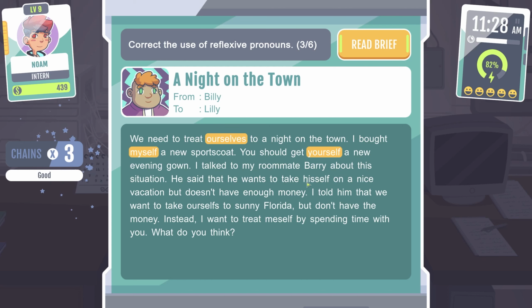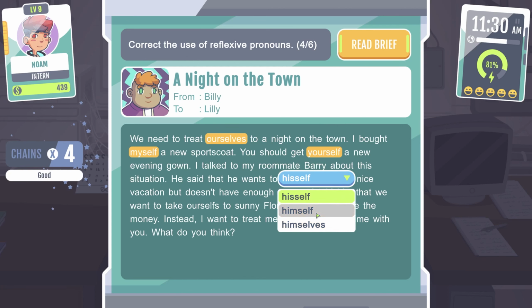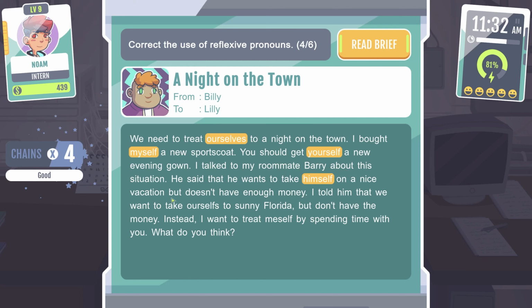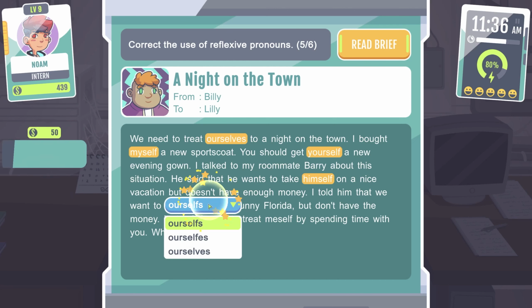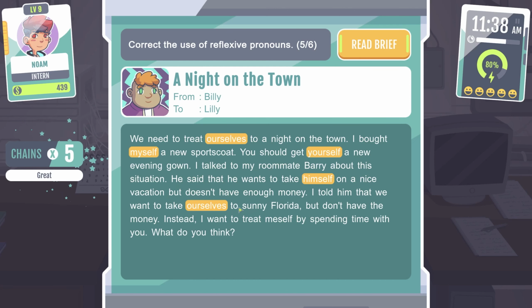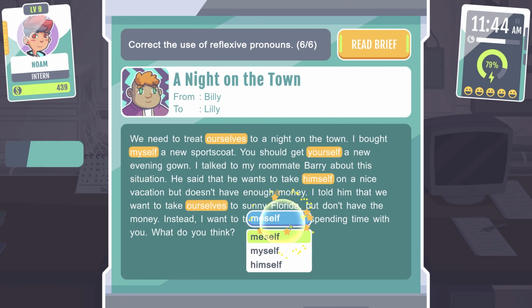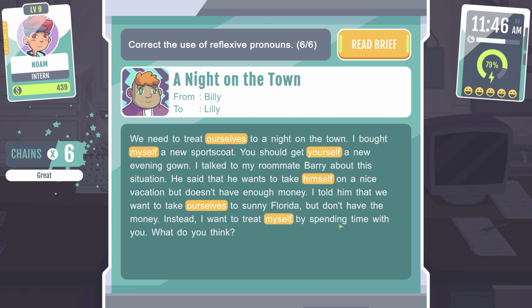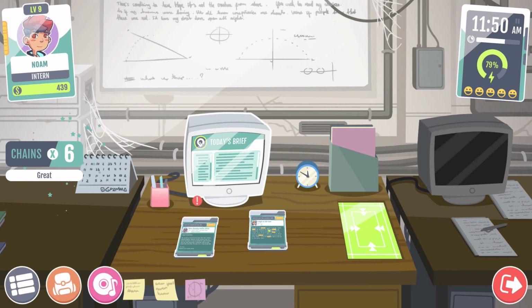He said that he wants to take himself on a nice vacation, but doesn't have enough money. I told him that we want to take ourselves to sunny Florida, but don't have the money. Instead, I want to treat myself, it should be myself, not me-self, by spending time with you. What do you think? Oh, how sweet.